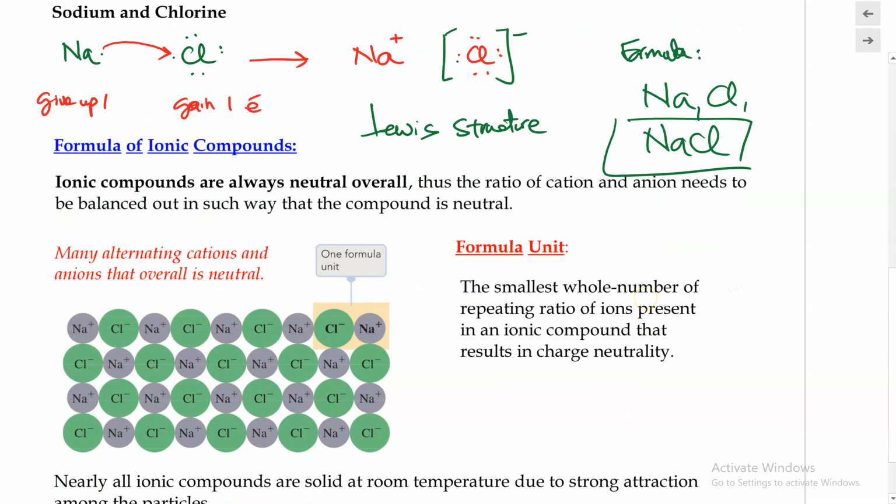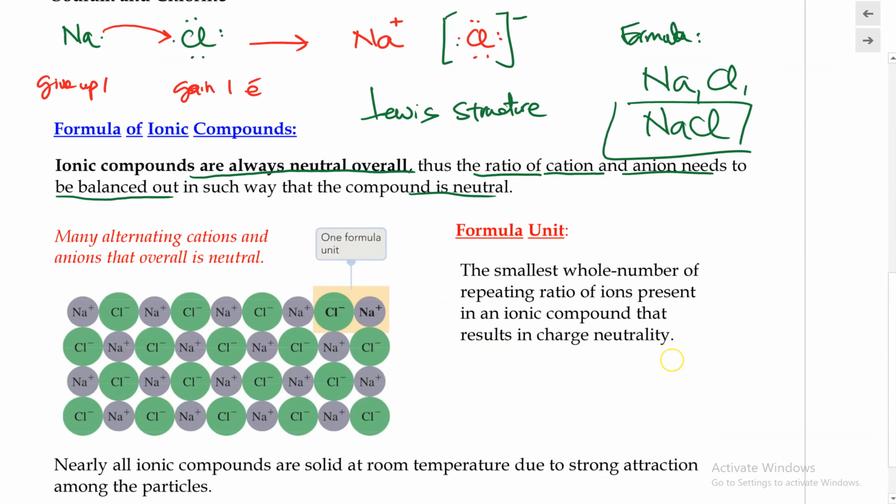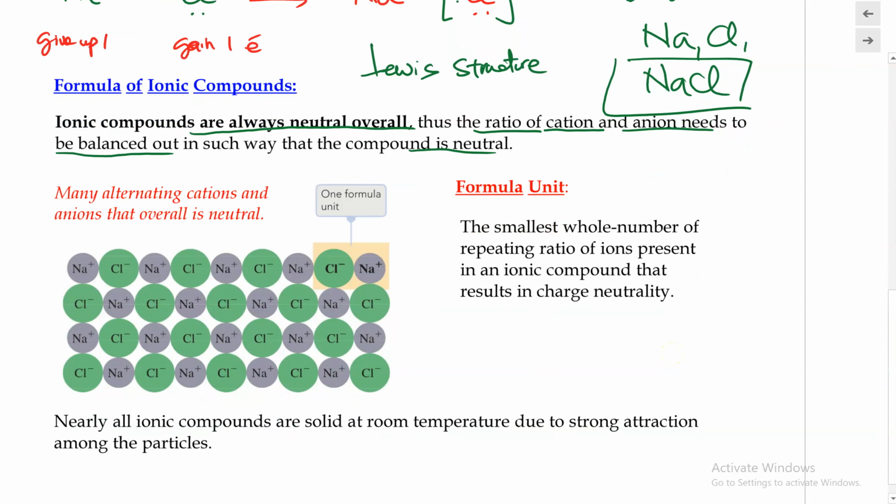Now let's go over more information about the formula of the ionic compound. Ionic compounds are always neutral overall. Therefore, they need to have a ratio between the cation and the anion. This ratio needs to be adjusted in such a way that the charge will be balanced out and the compound will be neutral. And a neutral collection of ions, that's what the formula of the ionic compound would be, and we refer to it as a formula unit.